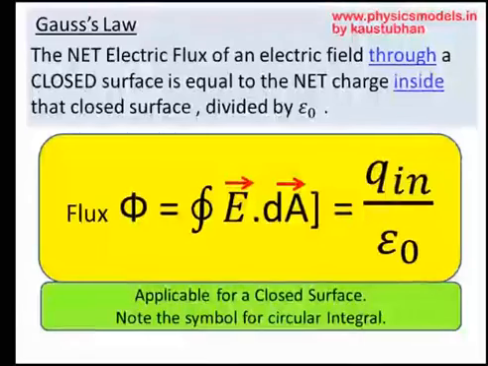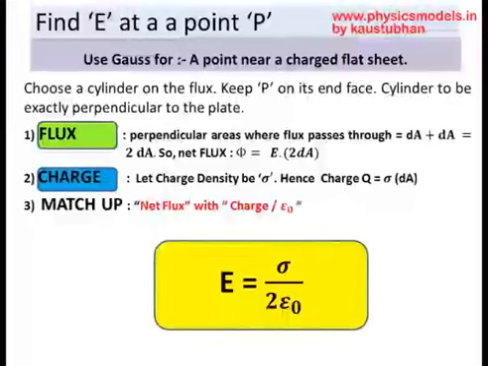So there are only a couple of things to be done to understand Gauss's law: the flux on the left hand side and the charge by epsilon 0 on the right hand side. The integral symbols are to be explained later on in this video.